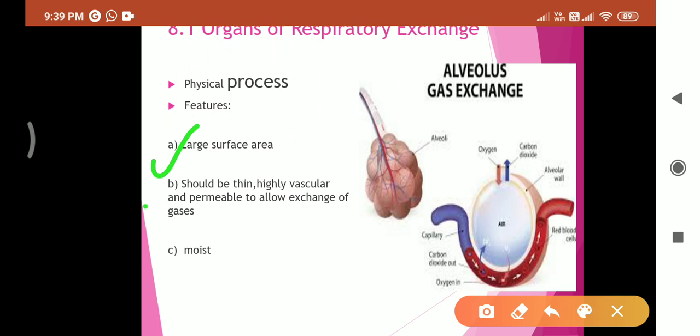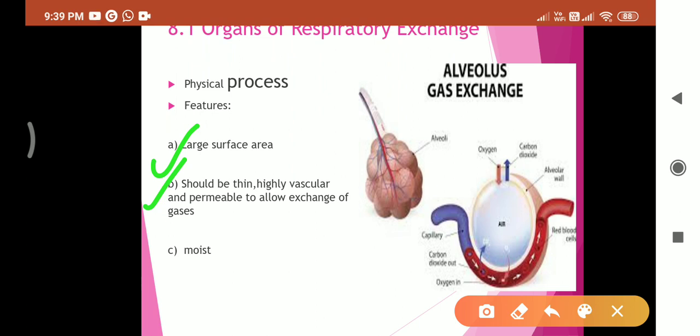It is also very important that it is very thin, because diffusion will take place; with the help of diffusion, the oxygen gets to the proper place inside the blood. It should also be highly vascular and permeable for the diffusion of this oxygen. All these important points should be in a respiratory organ.